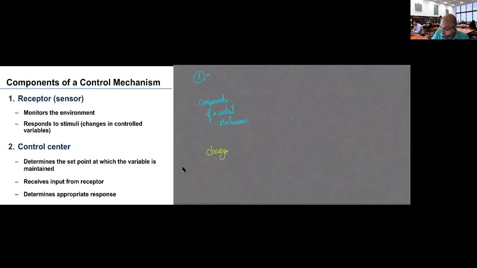Change in the environment. This is 2. What do we call the change in the environment? This change was detected by structures in your body. What do we call those structures? This is number 3.